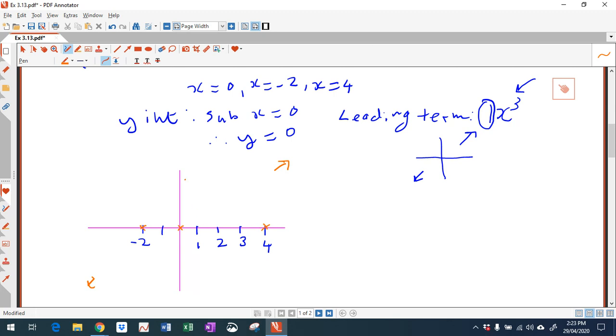Okay. All right, so I'm ready to sketch. So I'm going to go through here, and through here, and then through here. Okay. There is my first cubic. That's y, that's x.